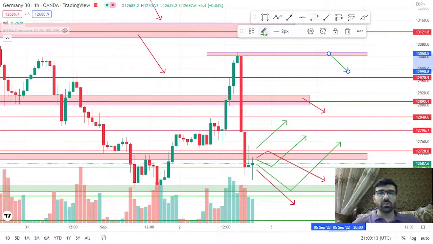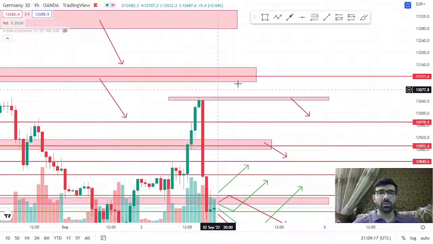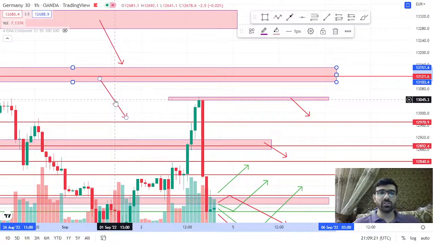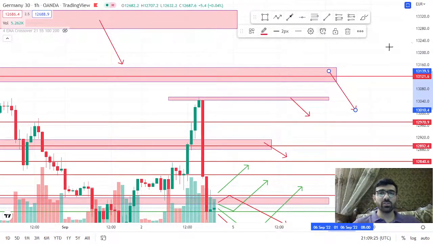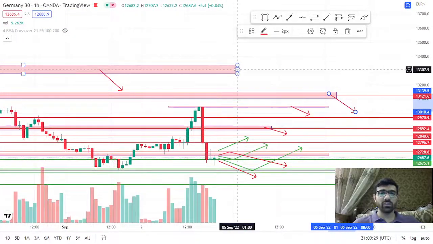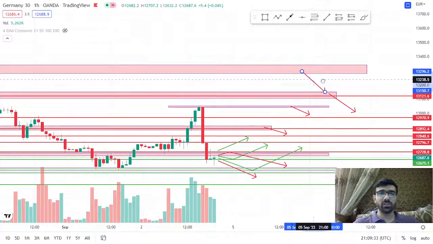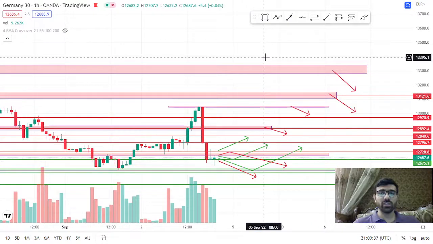Okay, and all the previous areas that are marked are still very much in play, so they are still very much valid. Even this area is still valid to sell from here as well. So just be vigilant and keep an eye out on the selling opportunities that can come.